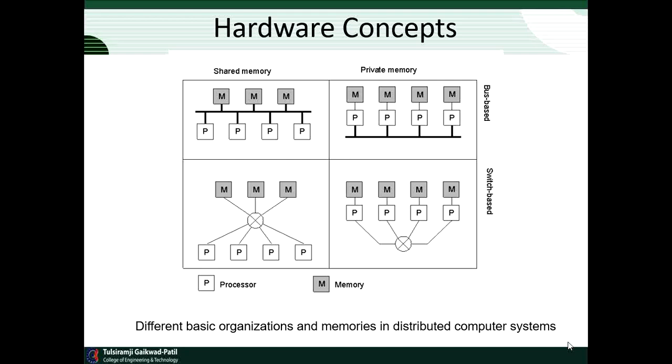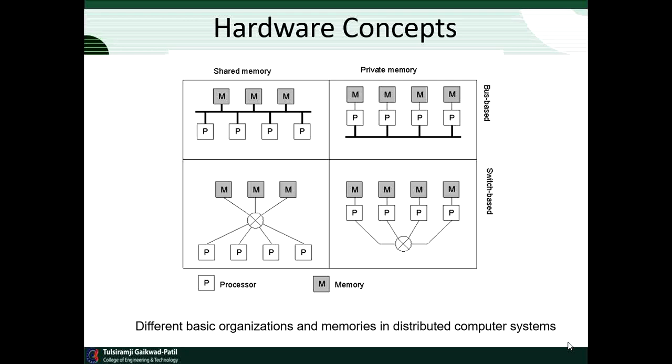So here shared memory is given and private memory is given. In shared memory, where P is the processor, you can see P is connected through a link and memory is connected via link also. So memory which is available at the remote location is connected through a link to the processor.